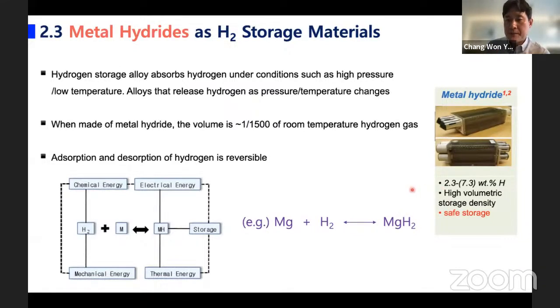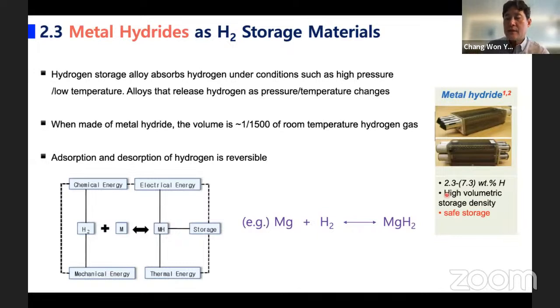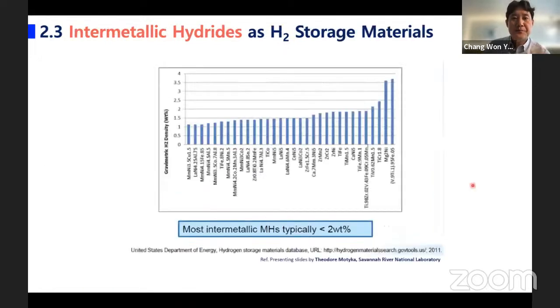But the problem of this technology is that it generally has low gravimetric hydrogen storage density. Why is that low? Because compared with the weight of hydrogen, the metal weight is much heavier.